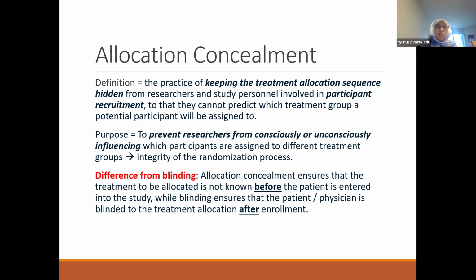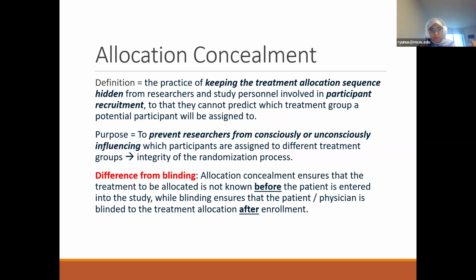Allocation concealment is blinding in a way, okay, but the difference is that when you talk about allocation concealment, you are ensuring that the treatment to be allocated is not known before the participant is recruited into the study.